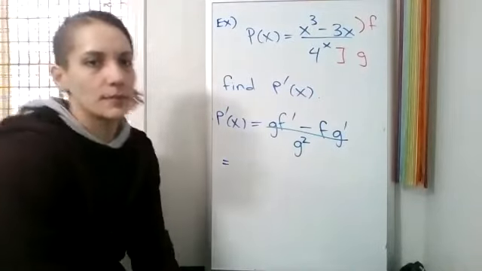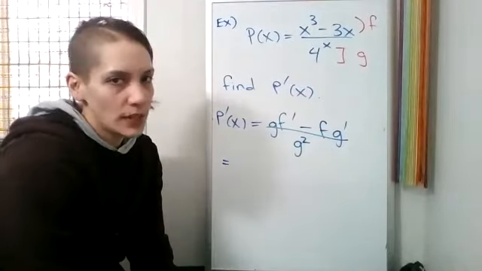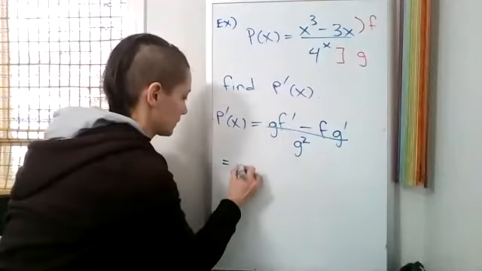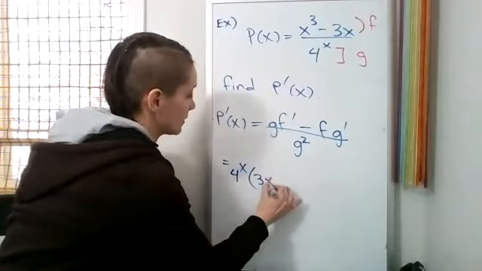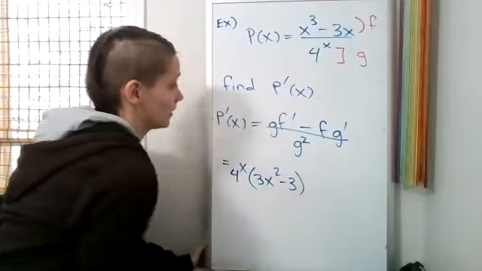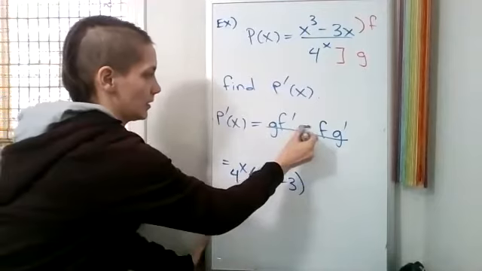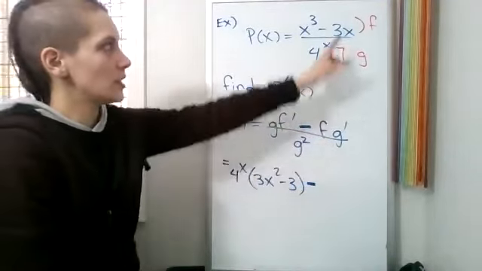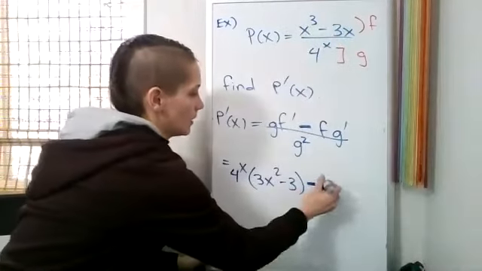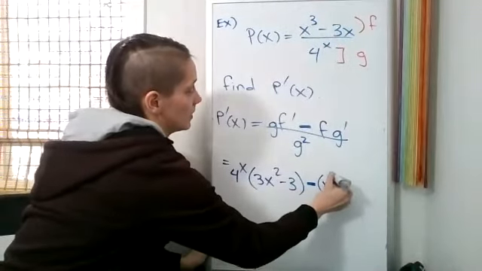All right. g is 4 to the x times f prime, 3x squared minus 3. Subtract f times g prime, so everything in parentheses here.